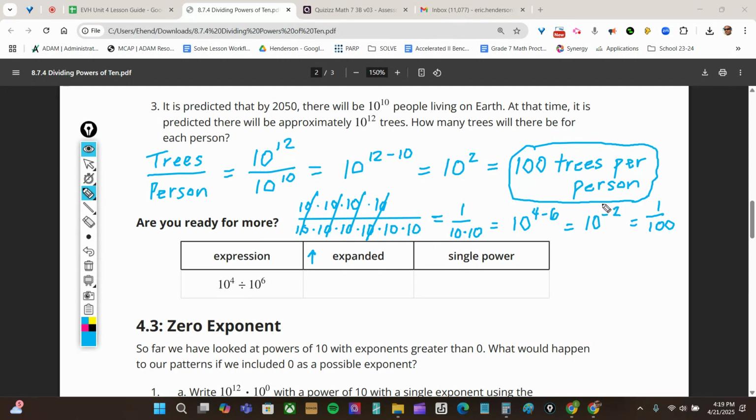Okay, so we can circle these two. They're basically the same thing. Single power is 10 to the negative 2 power. Go ahead, put that in your notes.